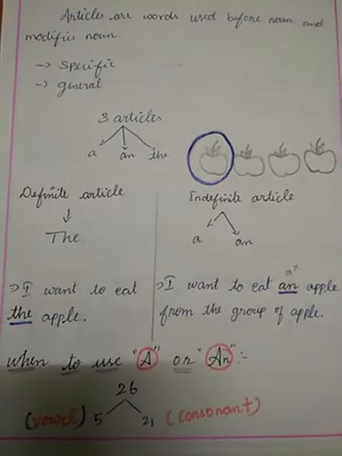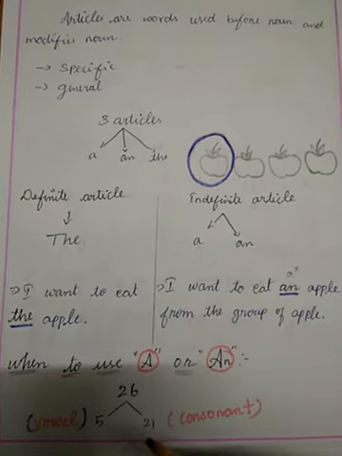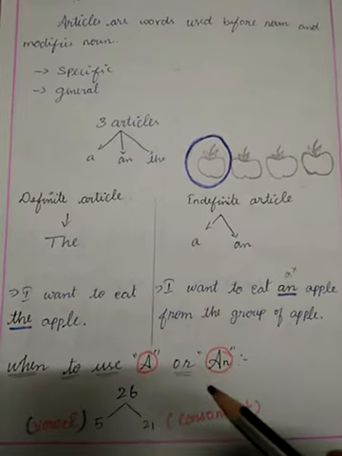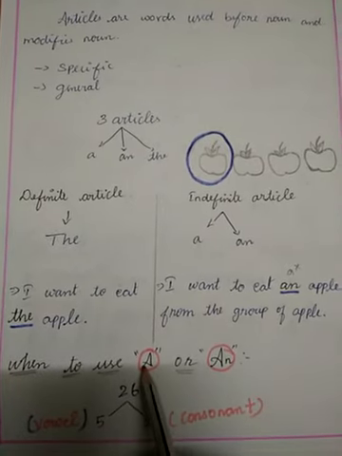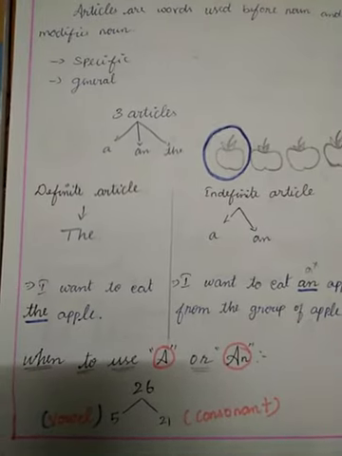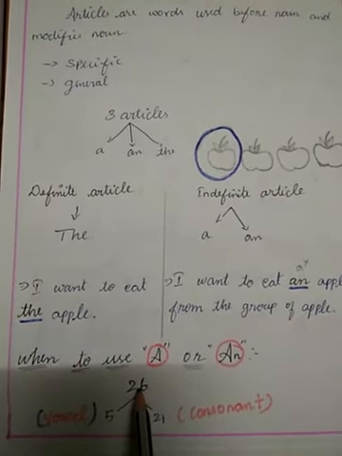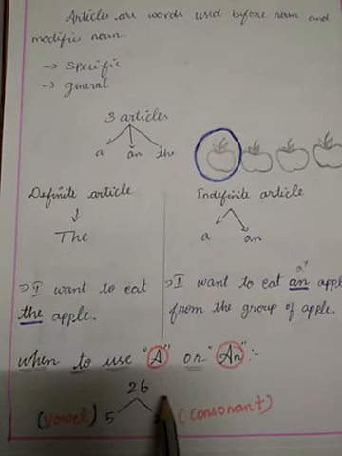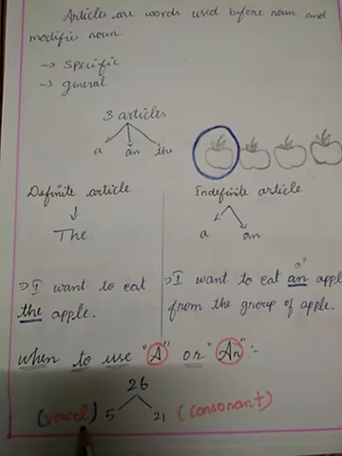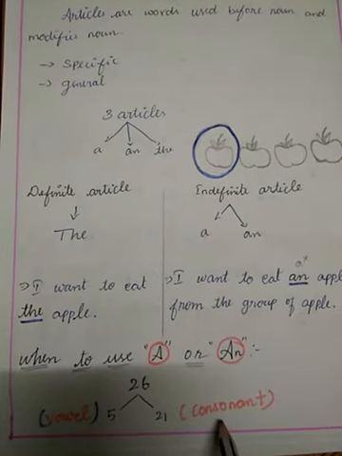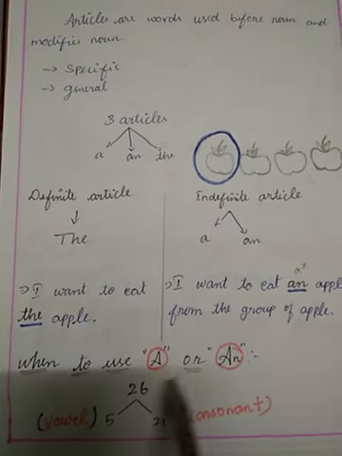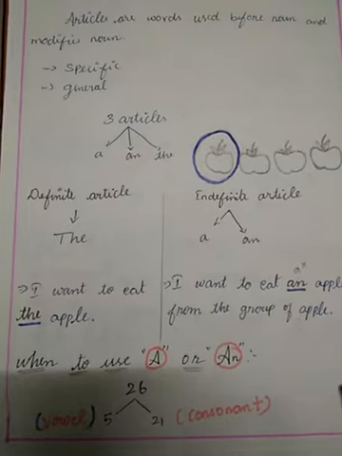Let's understand why we used an instead of a. How to decide when to use a or an. So basically there are 26 letters in English. Out of these, 5 are vowels and the remaining 21 are consonants.